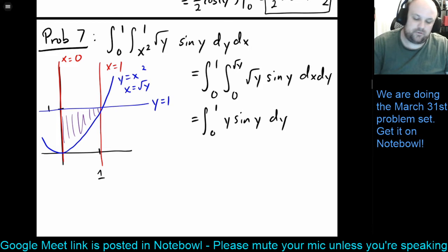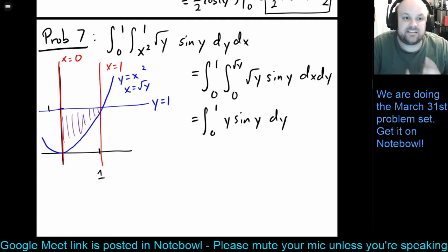So again, the most important part of these double integral problems, in my opinion, is being able to properly set them up. Right? And my reasoning for that is we can always tell a computer how to actually compute it, but as I think I've said before, computers are only as smart as we tell them to be.